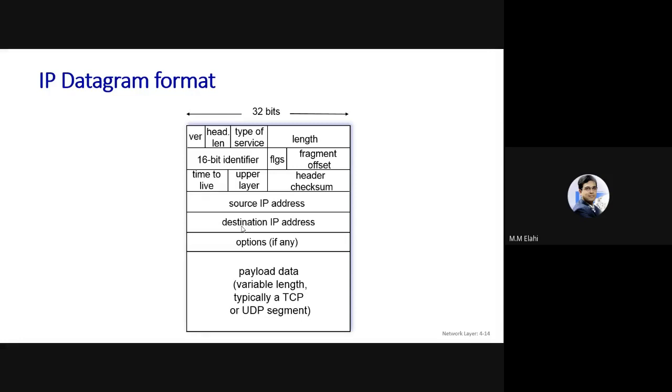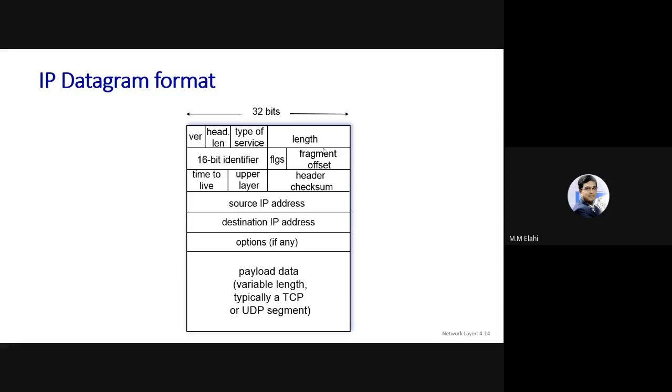Each row contains 32 bits. See, 32 bits. How many bytes? 4 bytes, right? So each row contains 4 bytes. So how many bytes will be in an IP header in minimum?